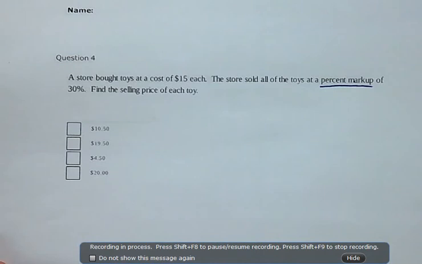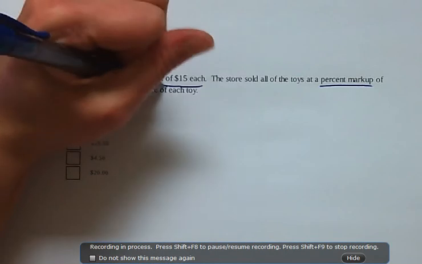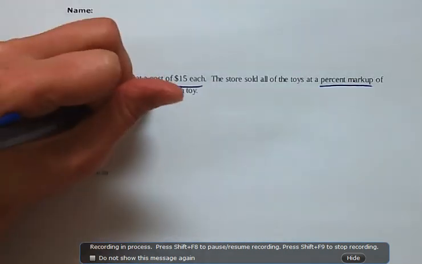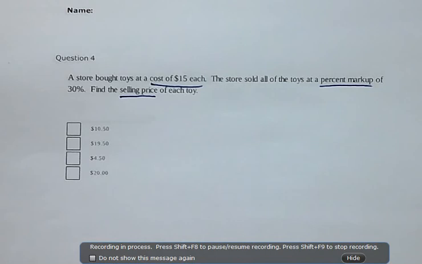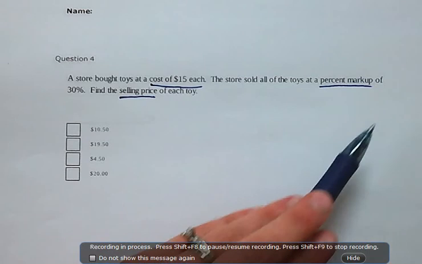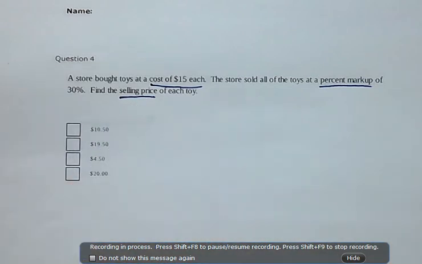That means if we take 30% of the cost of the toy and then we add it on, that's going to give us the selling price. Selling price is what they actually sell it for at the store. So the store bought the item for $15 and then marked it up by 30% and now is selling it at a certain cost, and that's what we're trying to find.